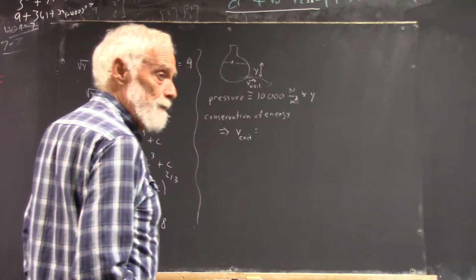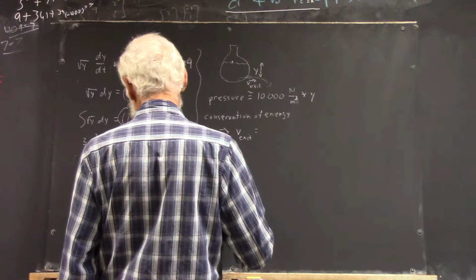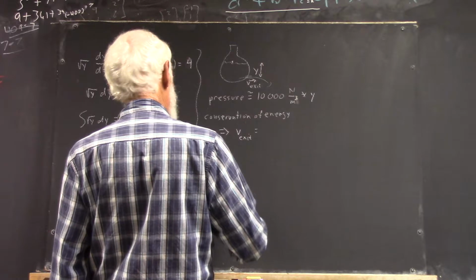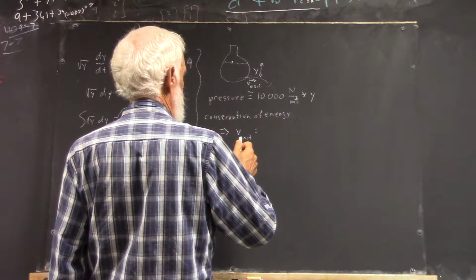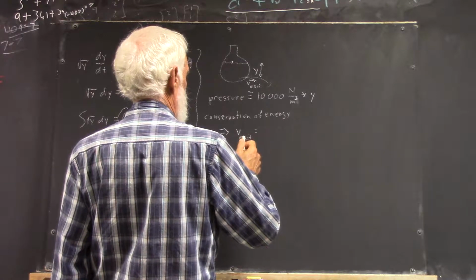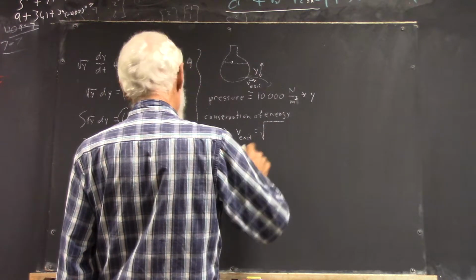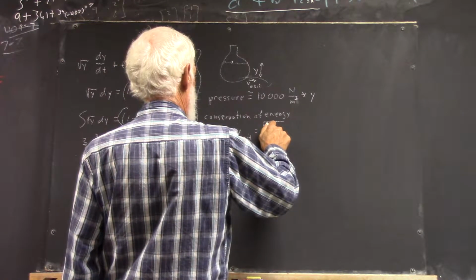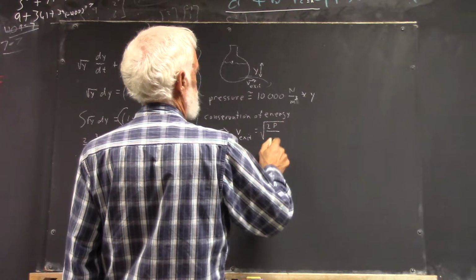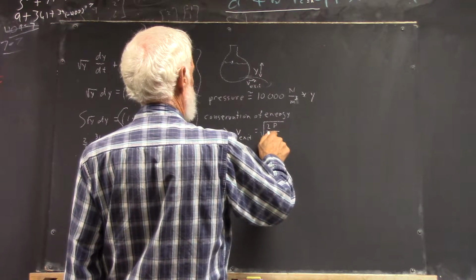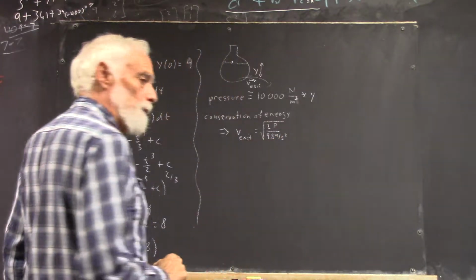You get some velocity of exit, is the square root of two times the pressure over 9.8 meters per second squared.